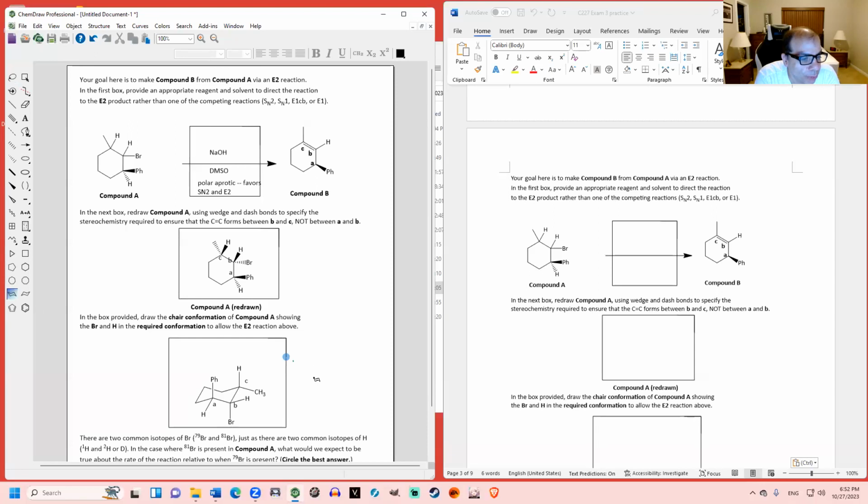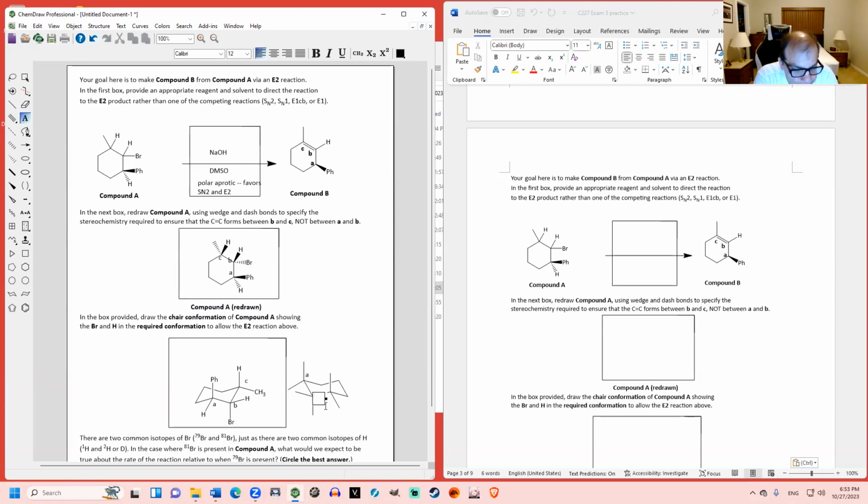I'm trying to think if I can come up with another correct way to draw it. So since A, B, and C go counterclockwise, this is going to be my A carbon.